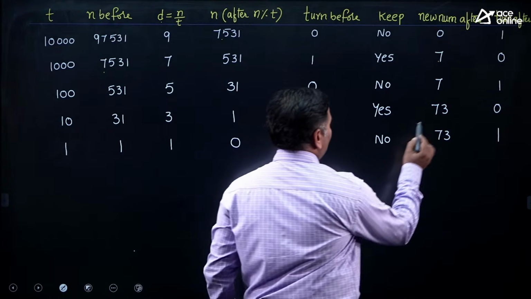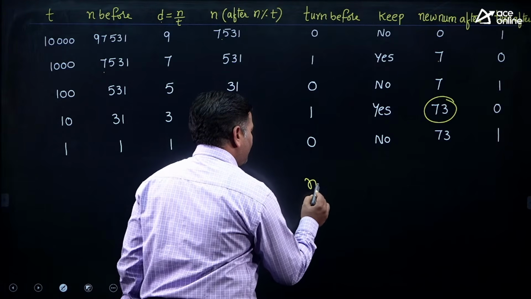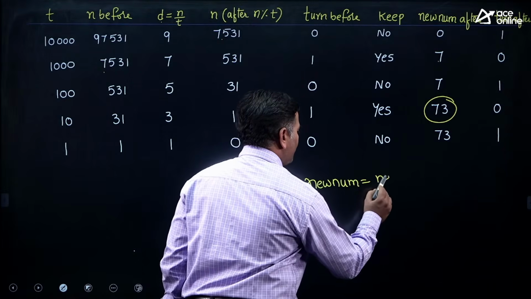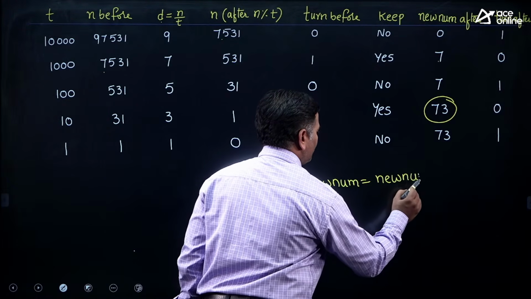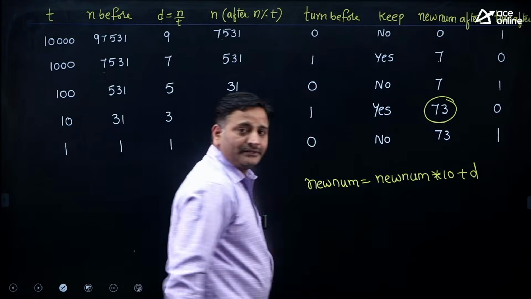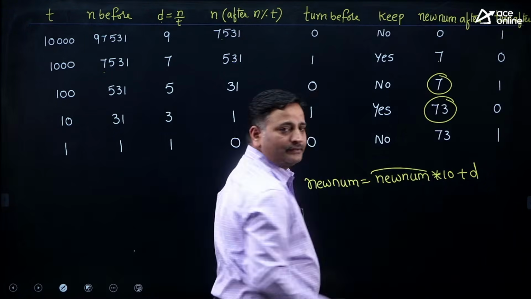After taking the digit, why it becomes 73 is because we are using one formula there. That formula is new num equals new num star 10 plus d. Earlier, what is the value of new num, friends? New num is equal to 7.